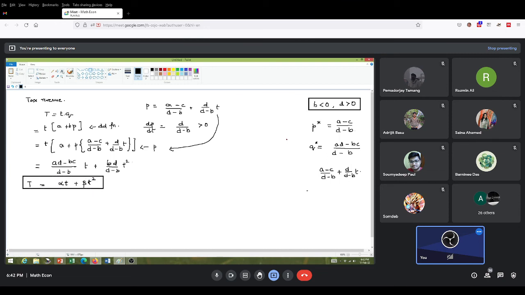Now this is a quadratic function, right? It is a polynomial of power 2.